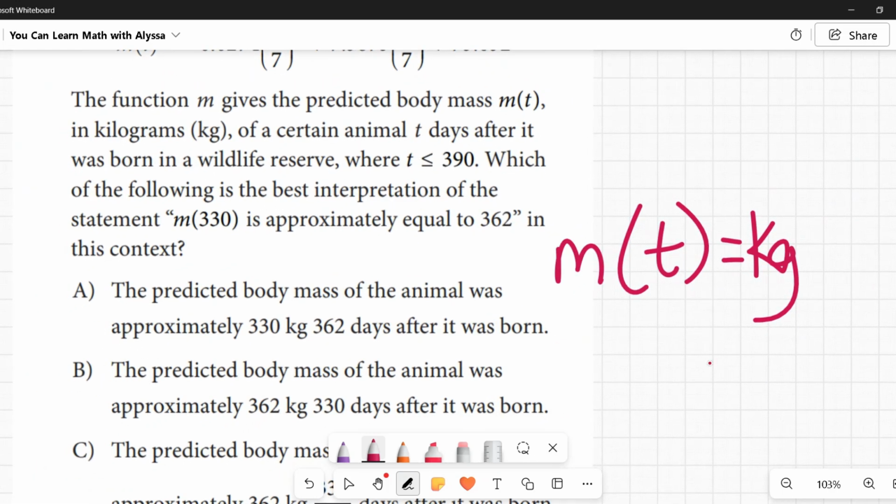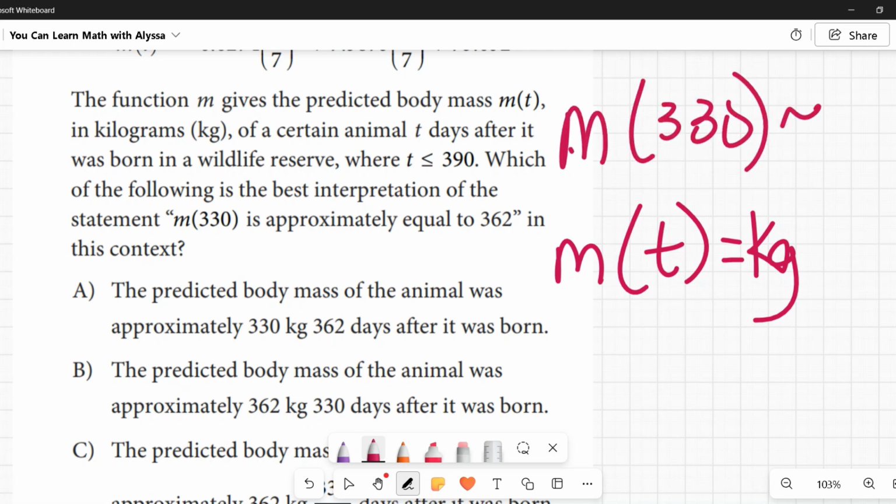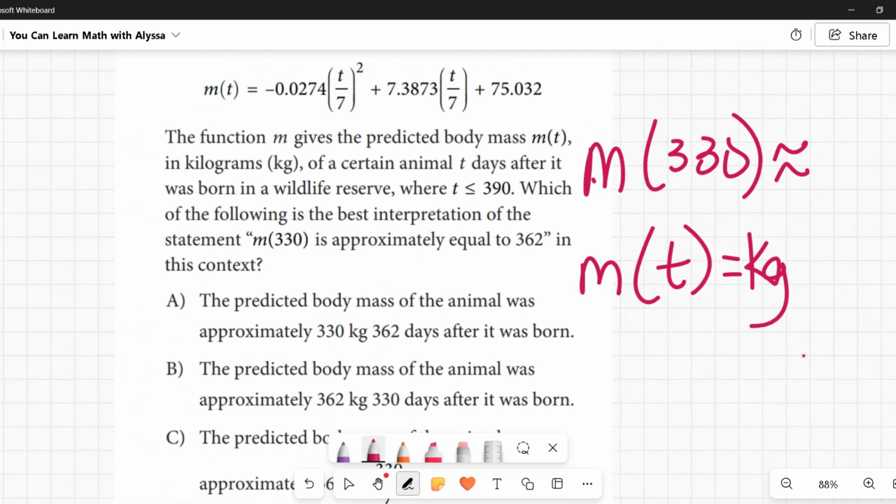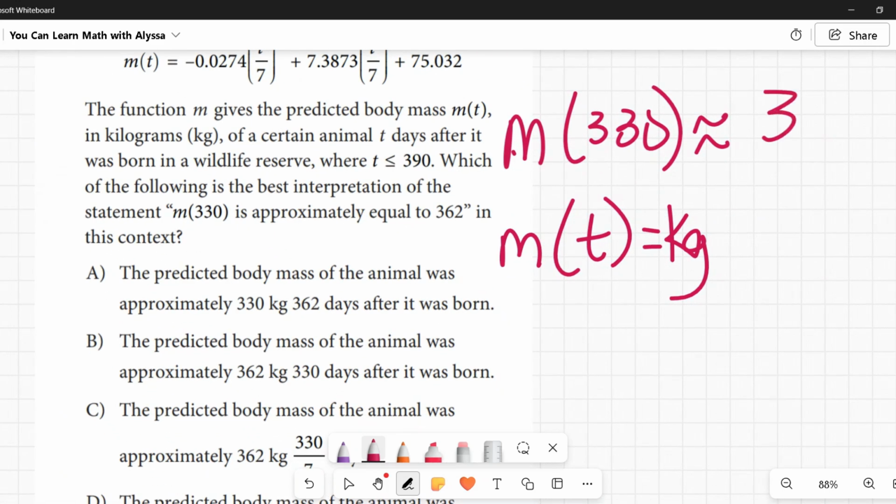All right, so what does m of 330 is approximately equal to 362 mean? I'm going to rewrite it.